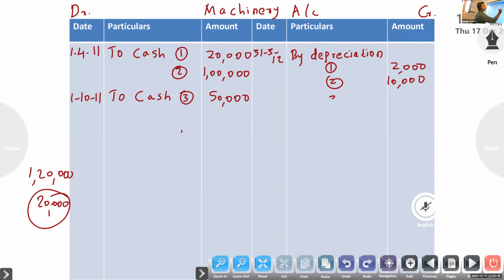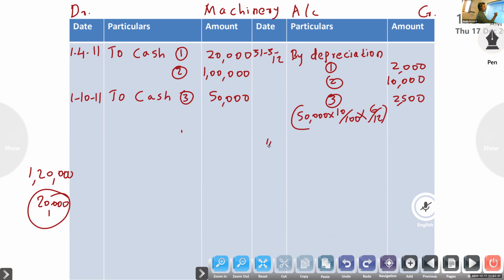Then third, 50,000 into 10% into October to March: October, November, December, January, February, March, 6 months, 2,500, because 6 months only we used.